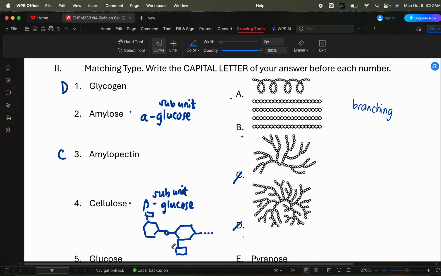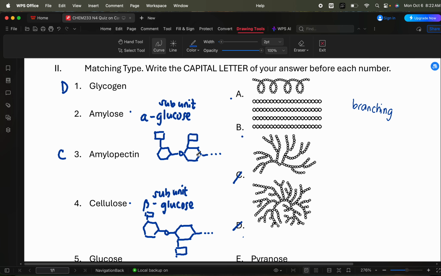So alternate. Meanwhile, for alpha glucose, all of the substituents are at the top. So this will look like this. All substituents are at the top for amylose.